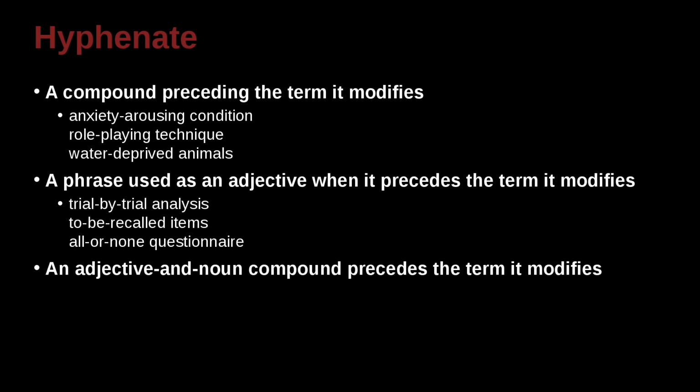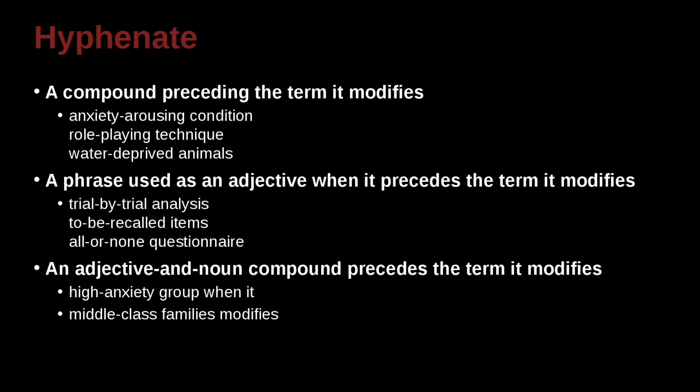It just makes the reading easier to understand. You can also do this when you have an adjective and a noun compound precedes the term it modifies. For example, high-anxiety group, middle-class families, low-frequency, right? So low-frequency words. So you can see the same idea.